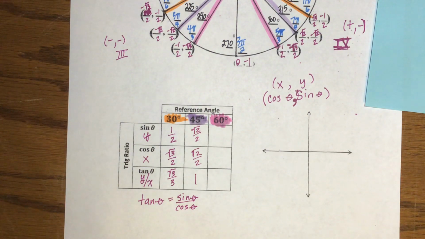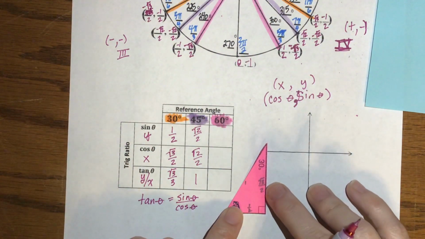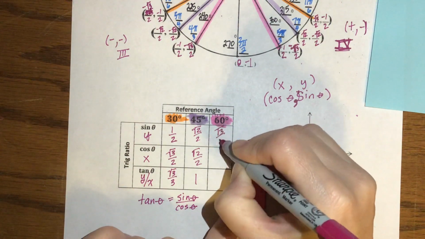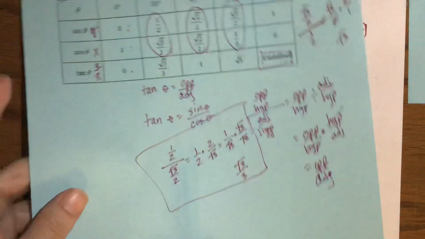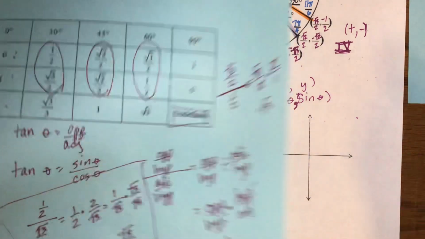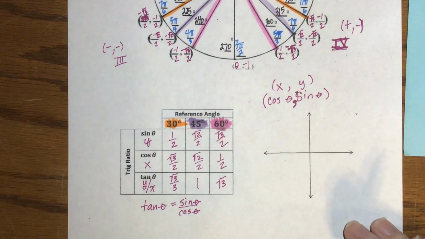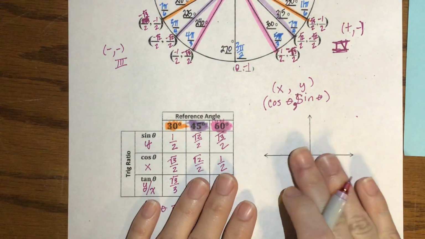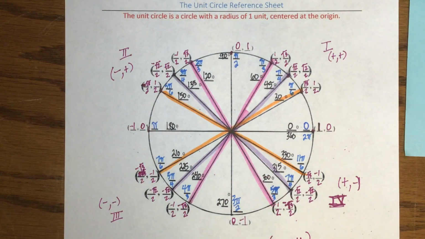And then for our 60, our sine is square root 3 over 2. Our cosine is 1/2. And then our tangent, we did right here, square root 3. I'm going to talk about this and about second, third, and fourth quadrants in the next video.